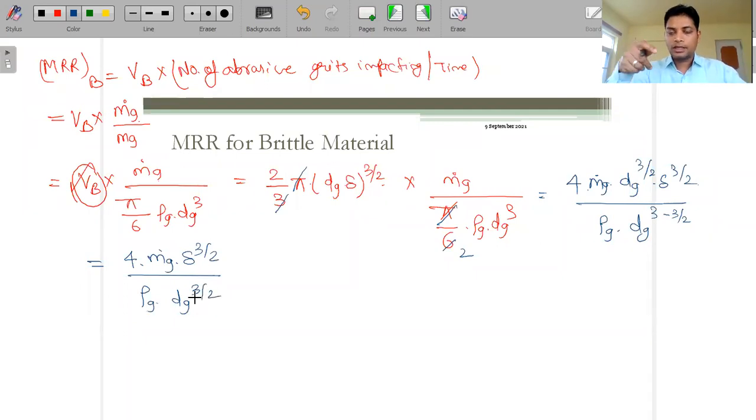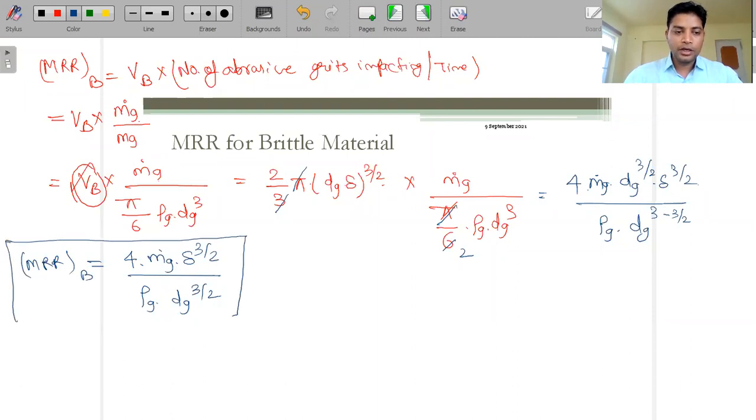Guys, please check if there is any mistake on my side, please let me know. So this is the material removal rate for the brittle material, and it depends on mg, rho g, dg and delta.